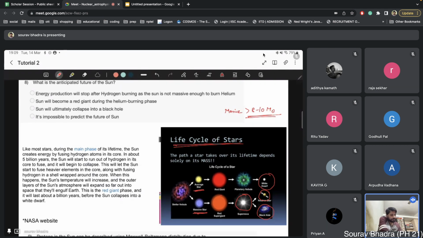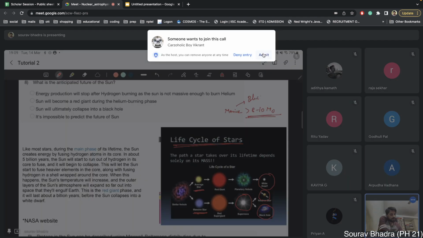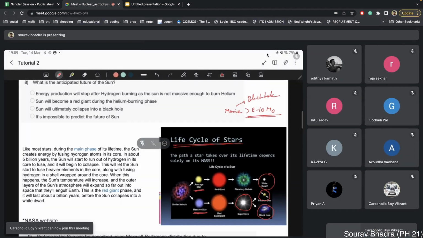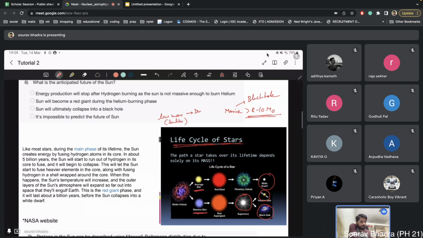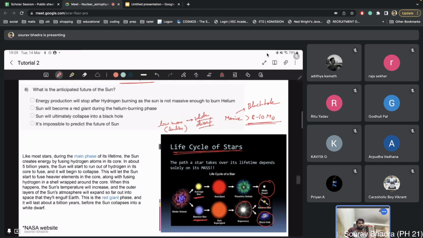So a massive star can go to a black hole, and a low mass, Sun-like star will go to a white dwarf. That's the theoretical background for answering the question.